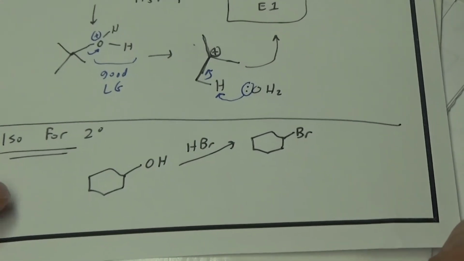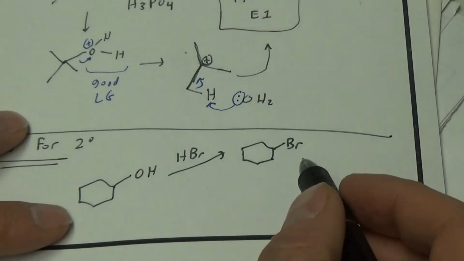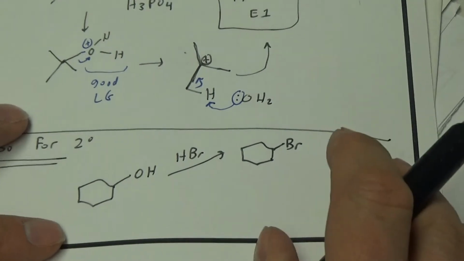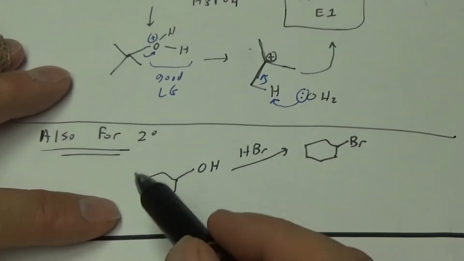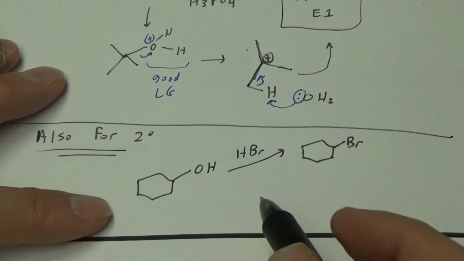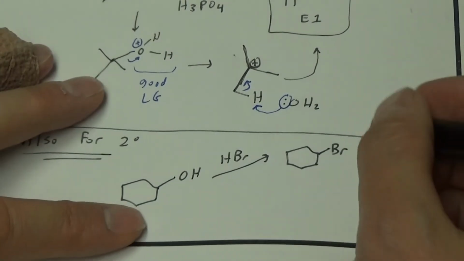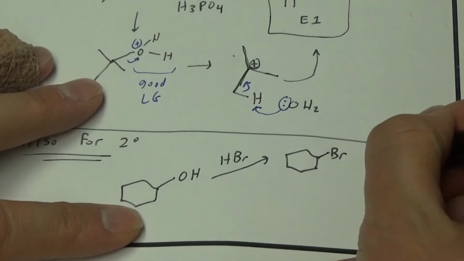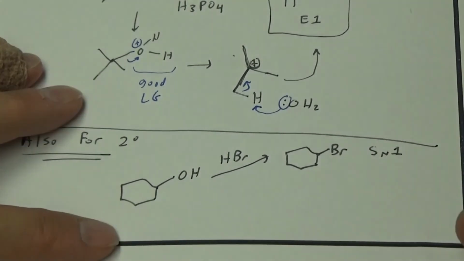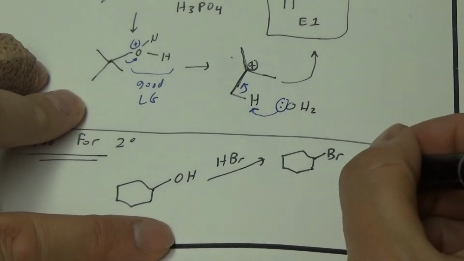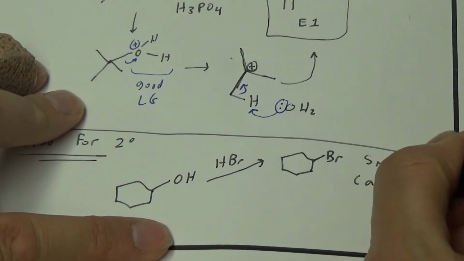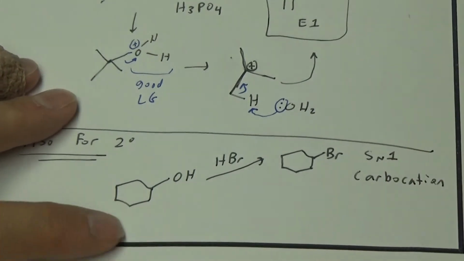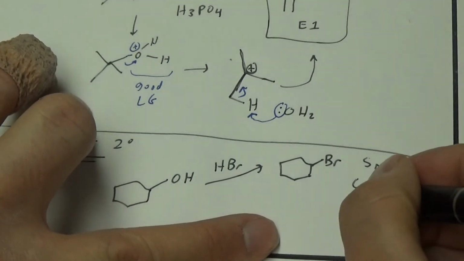What's the mechanism? Is it SN2 or SN1? Well, in this little section we're talking about SN1, so this is SN1. And if it's SN1, what kind of intermediate is it? It's a carbocation, right? Carbocation intermediate.